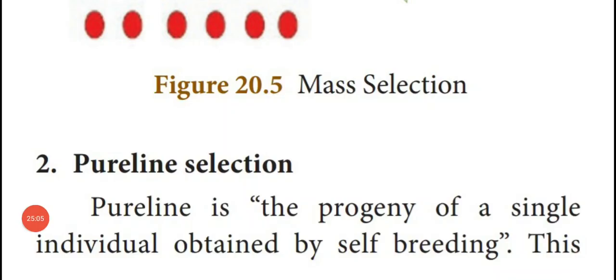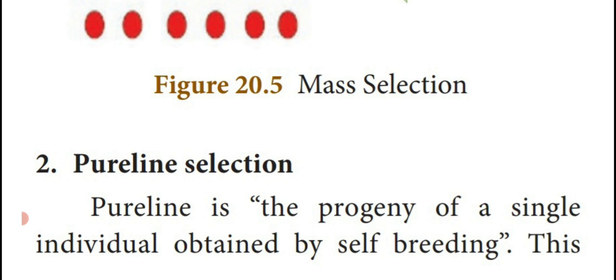Dear students, the next method is pure line selection. In this method, we are going to select a newly formed crop variety by self-breeding. So what is self-breeding? See the definition. Pure line is the progeny.